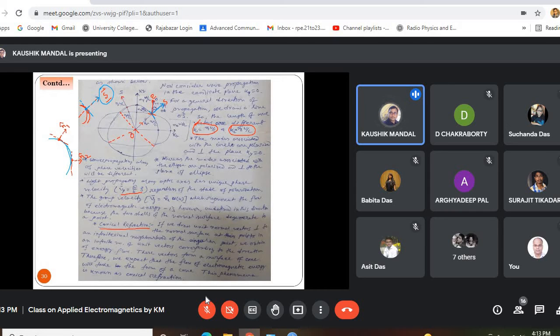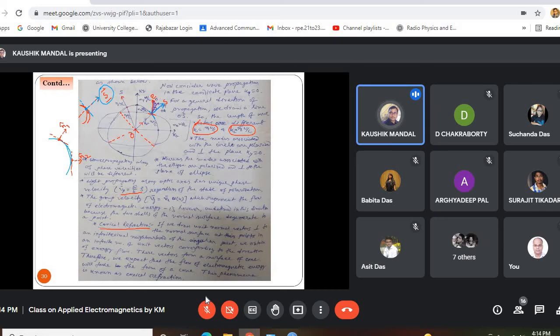Now if you consider more points that are very closely spaced to the actual crossover point, what you will find is that after refraction, at this particular crossover point, due to these two different shapes of the surfaces, the energy flow will form a conical structure.